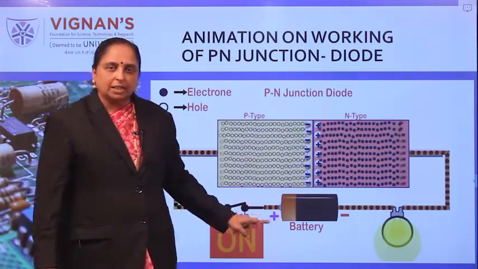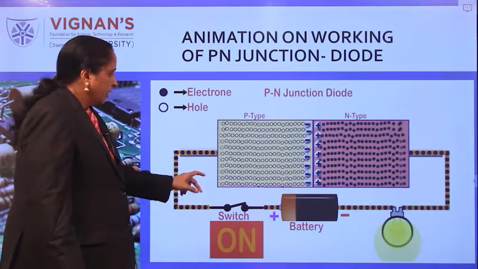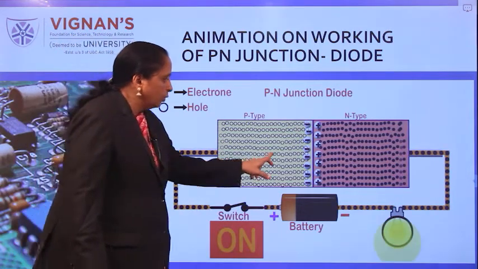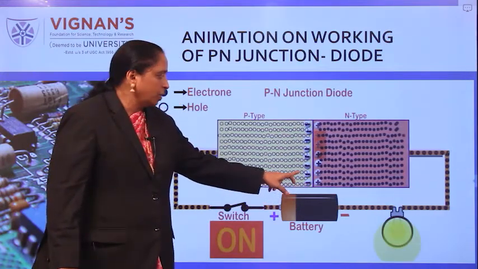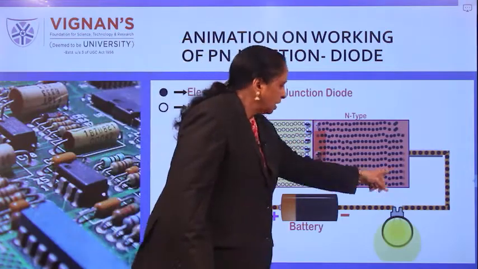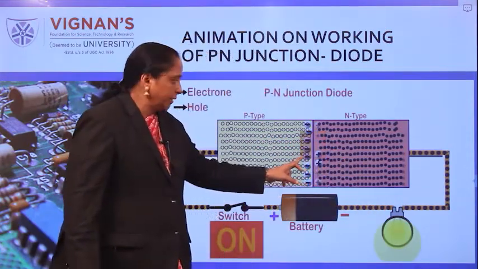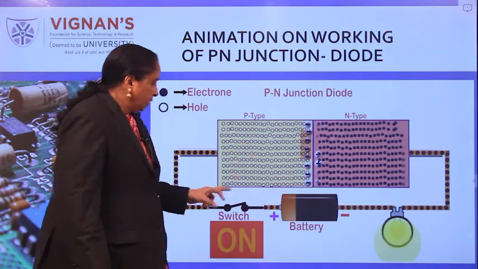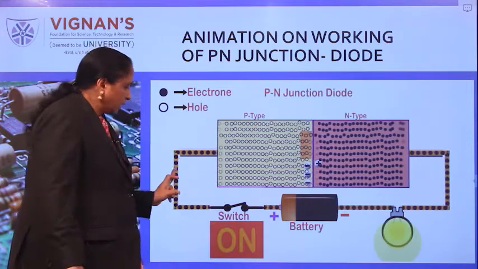This condition is termed the on condition of the PN junction diode. Whenever the holes are moving towards this barrier, the barrier disappears. Similarly, the electrons are repelled by the negative terminal of the battery, so they will move towards the barrier. After that, we can consider this as a switch, so the electron flow will be like this.